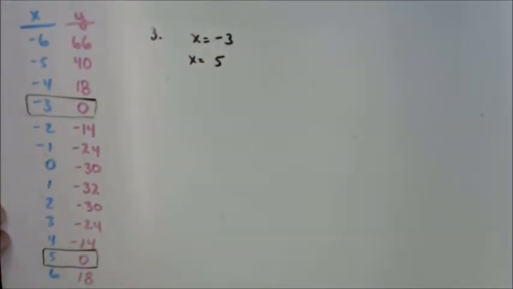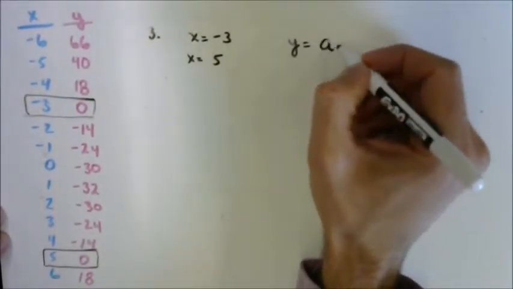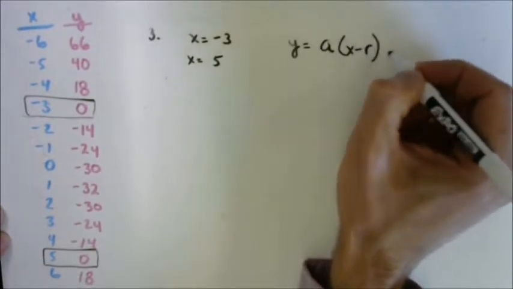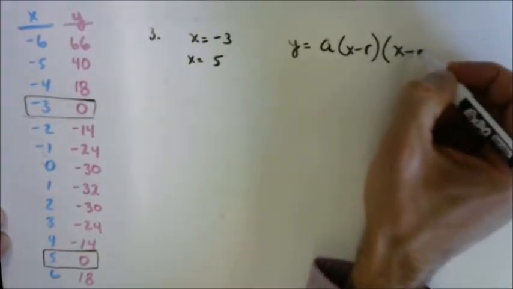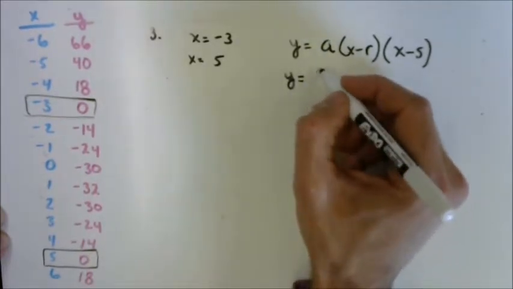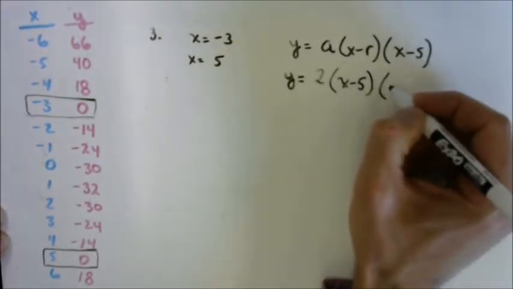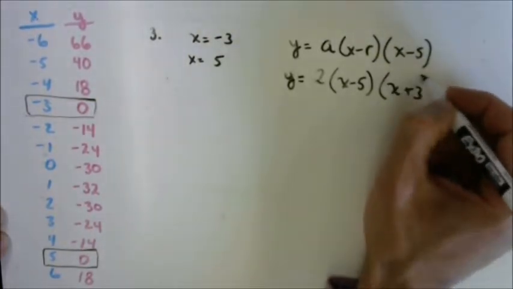Reciprocal means it got flipped upside down, so we can't use that word because nothing's getting flipped upside down. But look at this. I'll draw it again. You've got y equals a times x minus r times x minus s. And in this problem, for our table of values, we were given 2 times x minus 5, x plus 3.